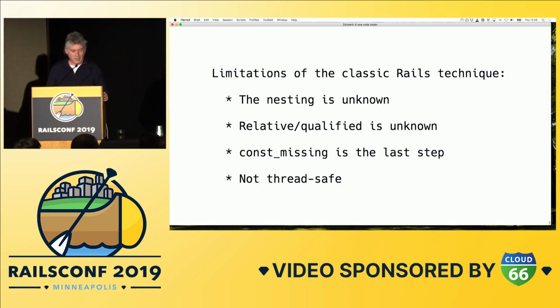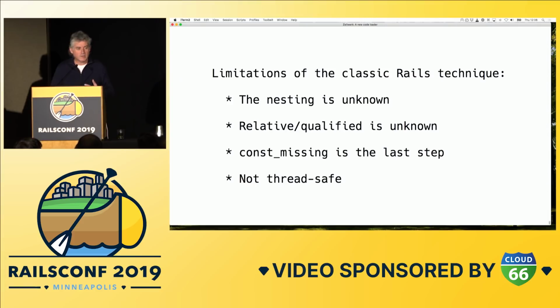So why is it limited? Well, in const_missing, you get the constant name and the class or module where this was not found. Which is the nesting at that point? You do not know. It is not in the API of const_missing. Was the constant missed in a relative or qualified context? You do not know.